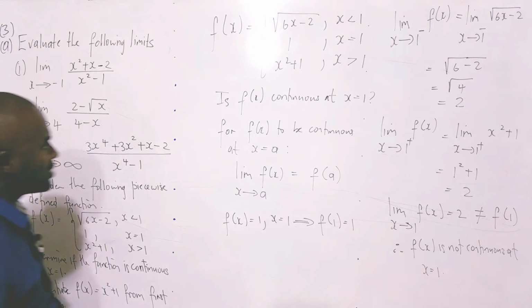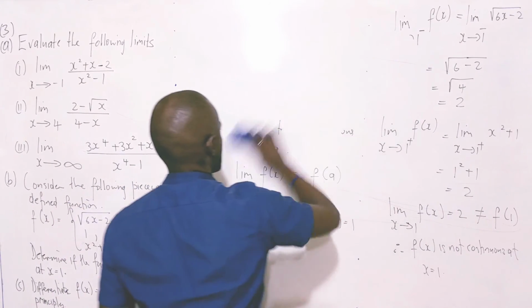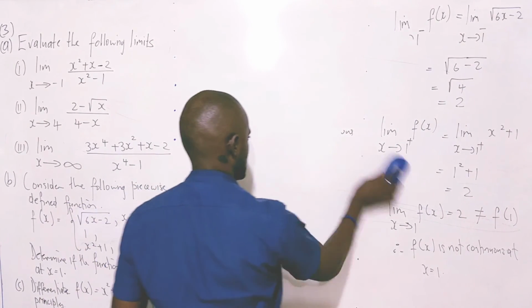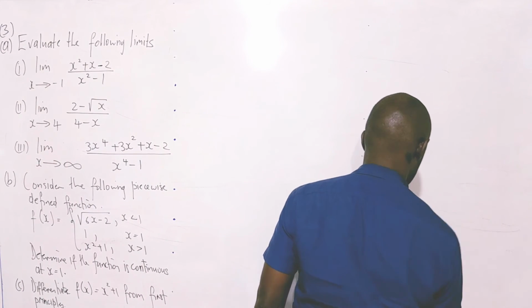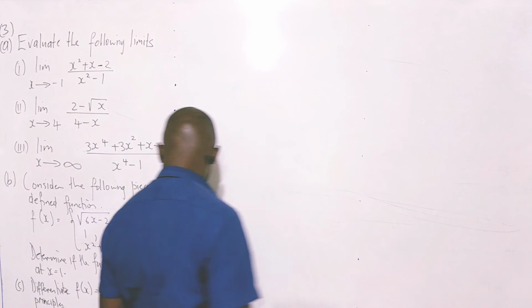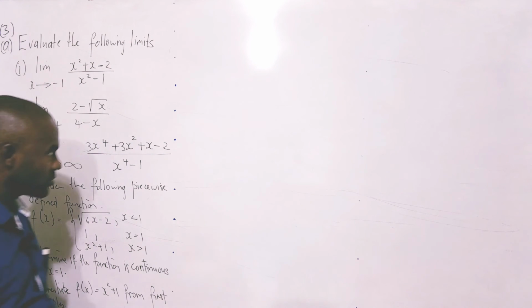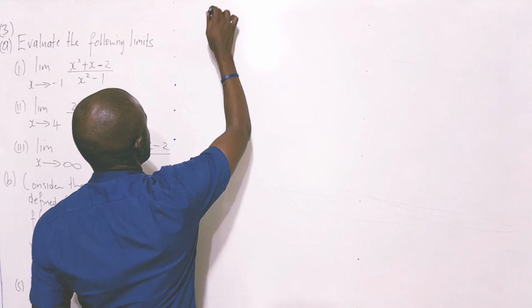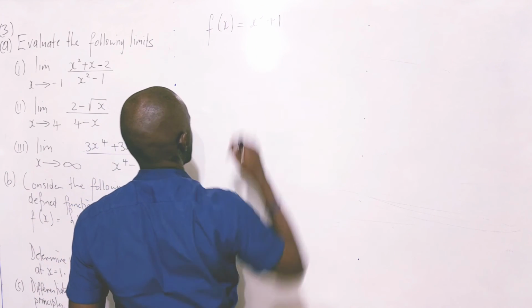So we'll now look at part C. Part C wants us to differentiate f of x equals x squared plus 1 from first principles. So we have f of x is equal to x squared plus 1.